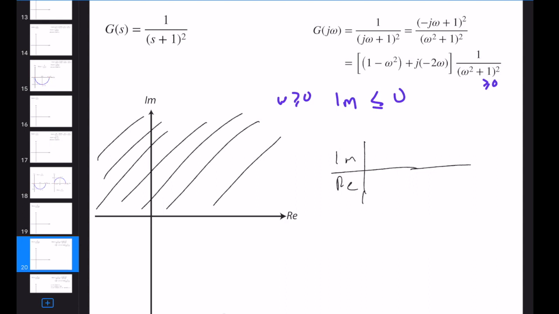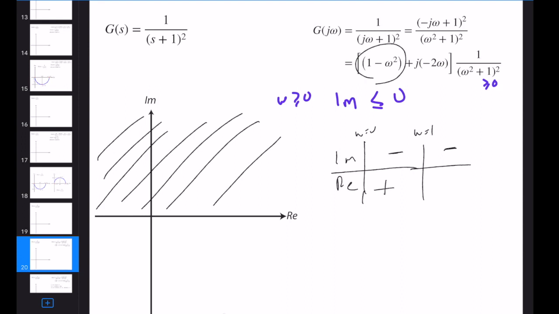But let's look at this. As you can see, depending on the value of omega, and the crossing point is equal to 1, the real part can be both positive and negative. So when omega is equal to 0, or between 0 and 1, the real part is positive, right?